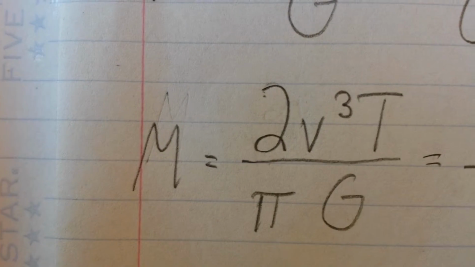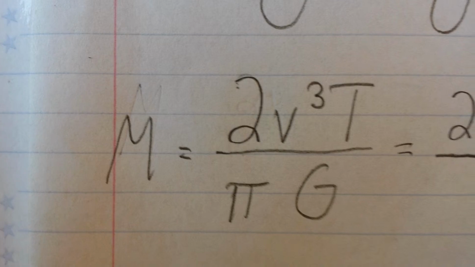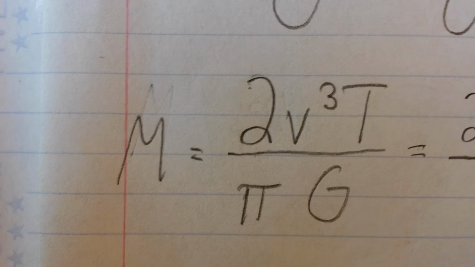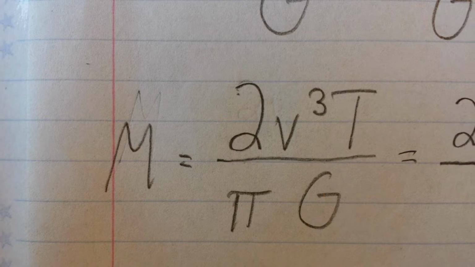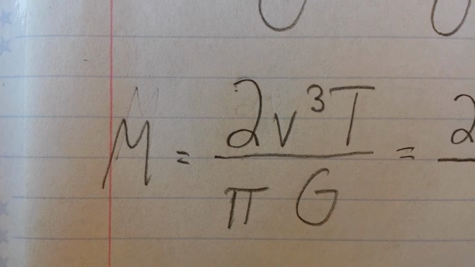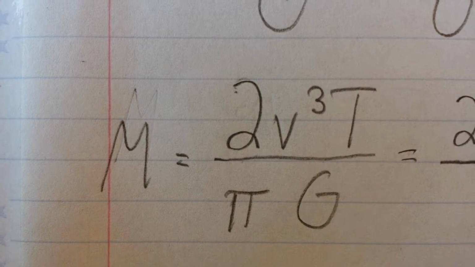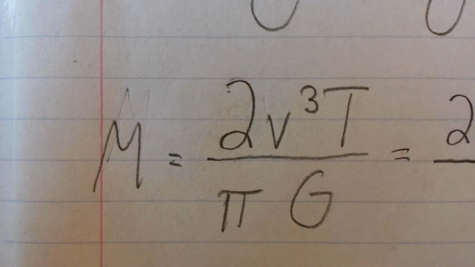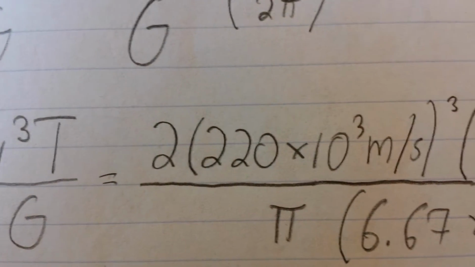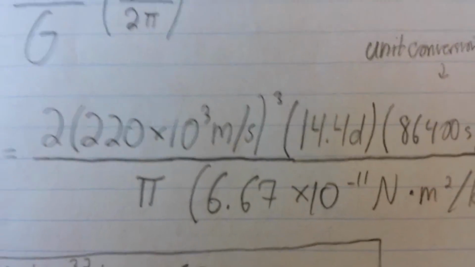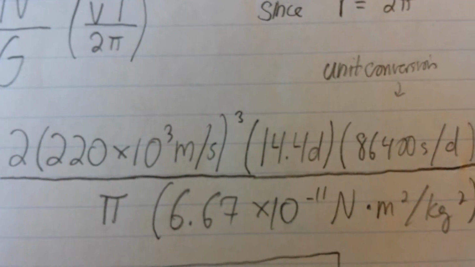Now using this equation, you plug in your values, and you do have v cubed based on the diagram. You were told that the period, the capital T, is 14.4 days, and the gravitational constant is 6.67 times 10 to the negative 11th newtons times meters squared over kilogram squared. Then it becomes this equation, plugging in all the values.